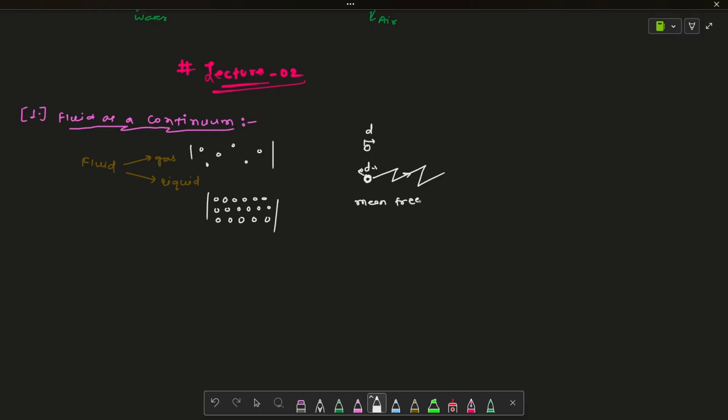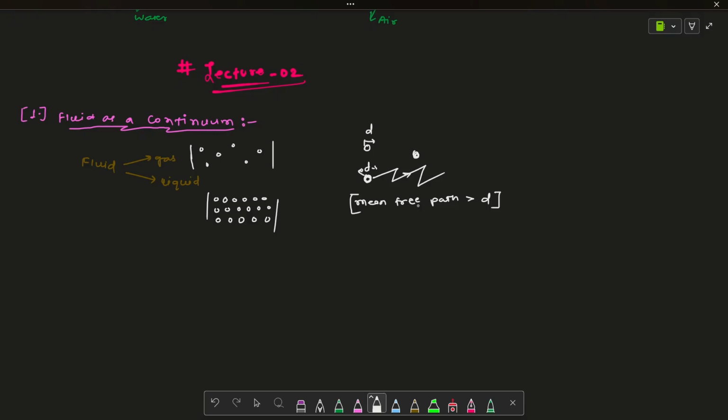Mean free path means when a molecule starts moving, it will collide with some other molecule for sure, because the space is limited. The distance traveled by the molecule between two successive collisions is known as the mean free path. And for these fluid molecules, the mean free path is very large compared to the molecule diameter.